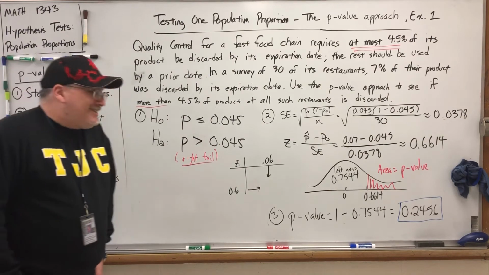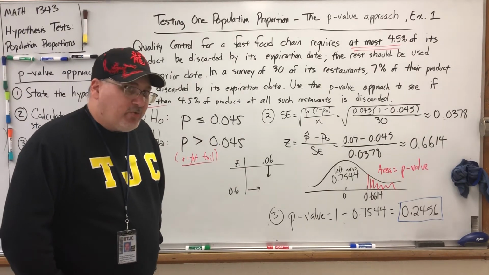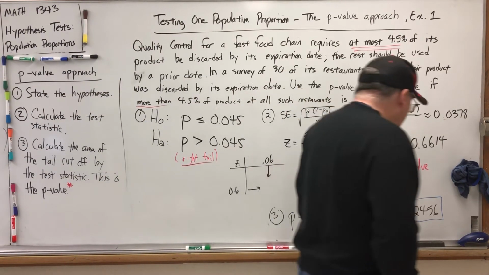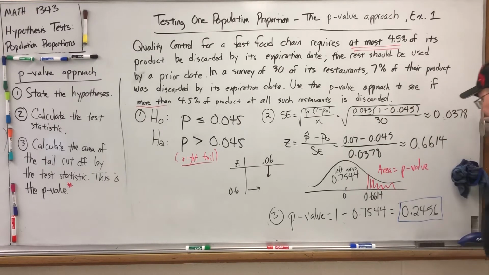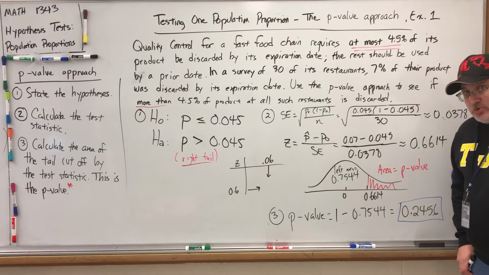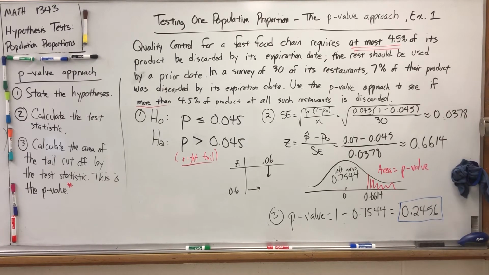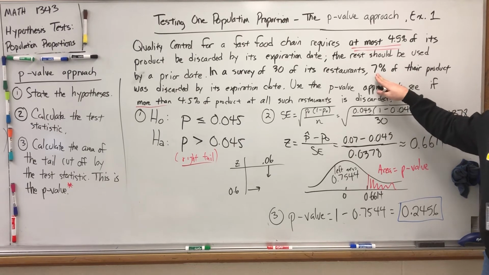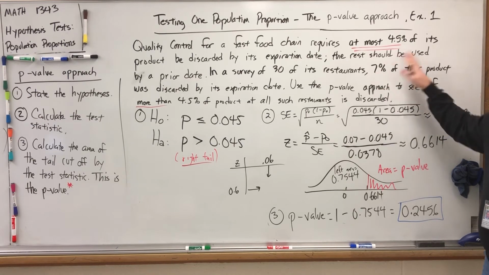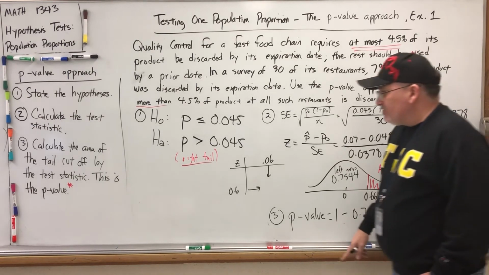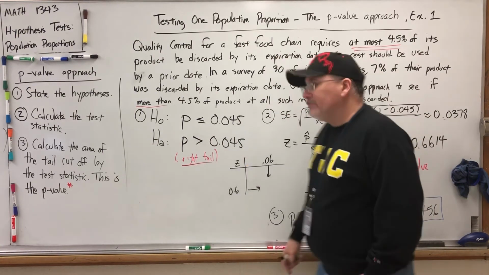All right, so we got this thing called the p-value. And what does it represent? What the p-value represents is, if your null hypothesis is true, it's the probability that your sample does this or worse. Now in this case, worse would mean greater than 7% because our alternative says greater than.